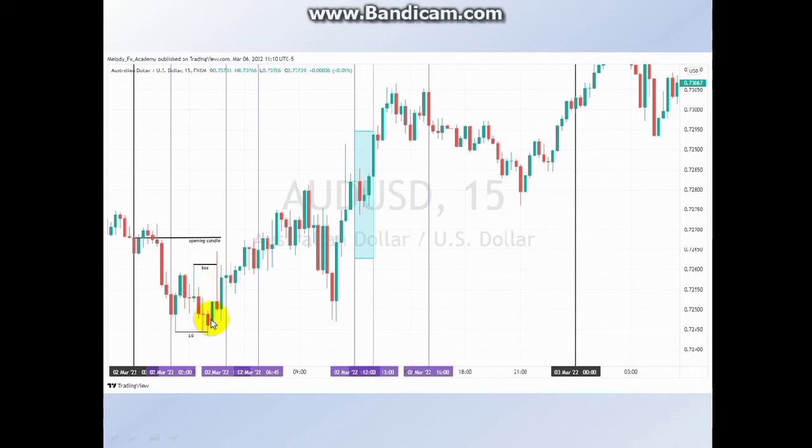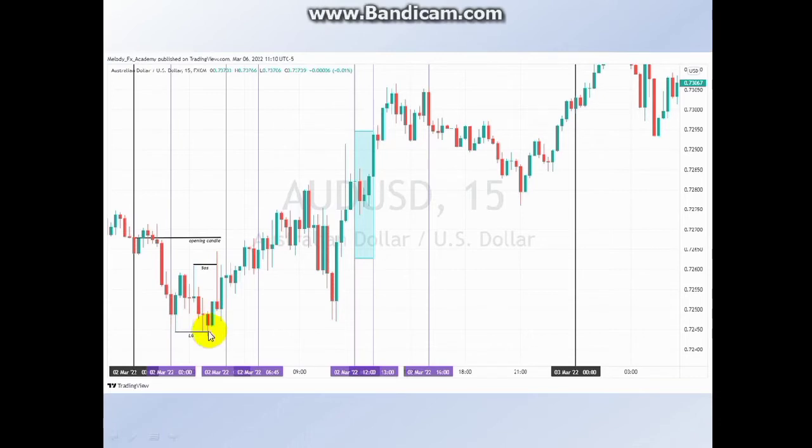Now price started trading upwards right here, so we pretend that none of this whole move has happened yet. Price went down below this old low and grabbed liquidity.